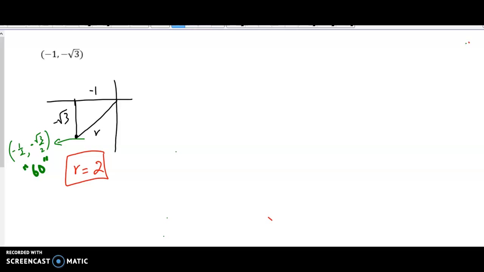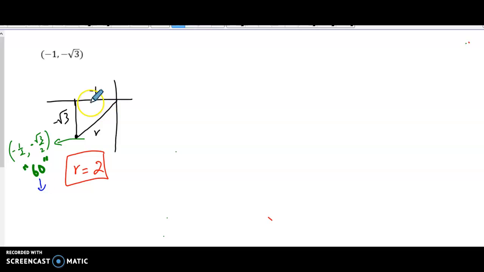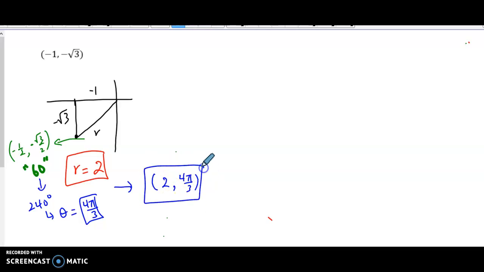So in quadrant 3 though, your 60 degrees past 180 is 240 degrees, which in radians is 4 pi over 3. That's your theta. So your polar coordinate is 2 comma 4 pi thirds.